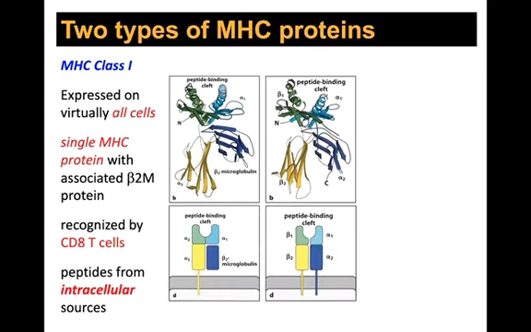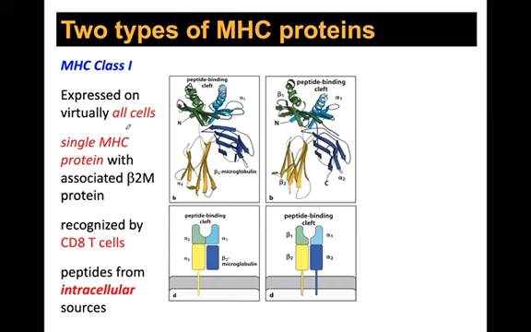So when we talk about these two different types of MHC, they look very similar in terms of structure, but there are a few differences, and that includes where they're expressed. So if MHC1 is important for CD8 T cell recognition and killing of an infected cell, you basically have to have MHC on every cell so that any infected cell can be recognized and eliminated.